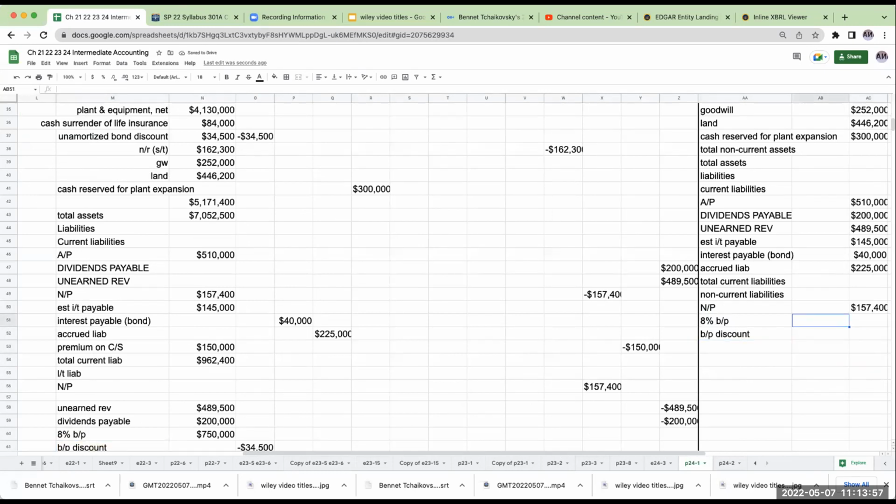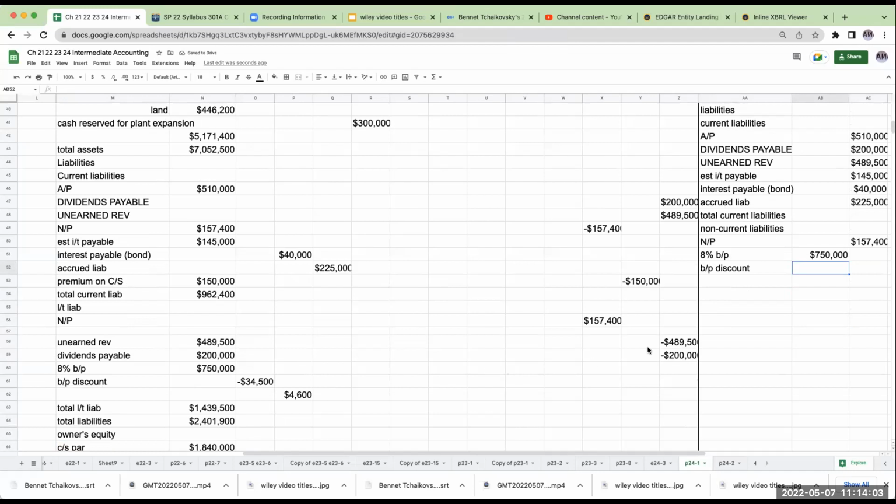So my bond payable was at 750. After the bond interest was amortized, my bond payable discount will be at not 34,500, but less that amortization of 29.9. This is going to give me bonds payable net of the discount over here at 720,100.